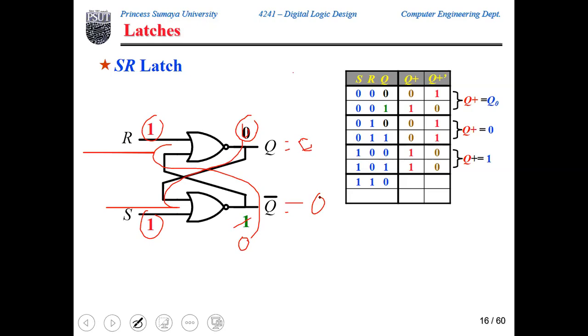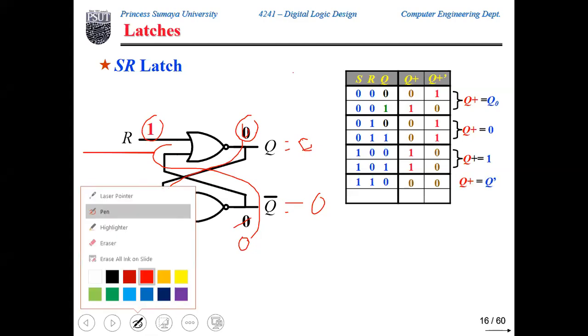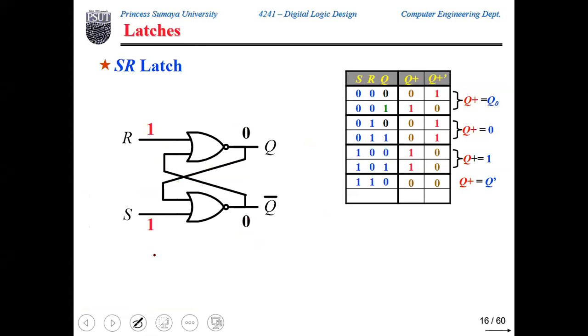If you try the same input combination with Q equals 1, 1 or 1 is 1, complement 0, 0 or 1, 1, complement 0. So what's the problem here?